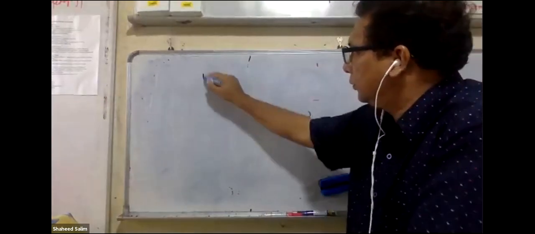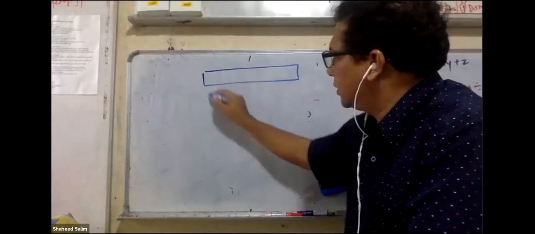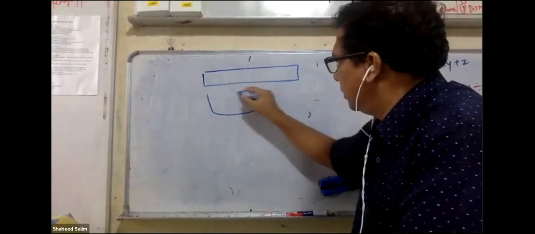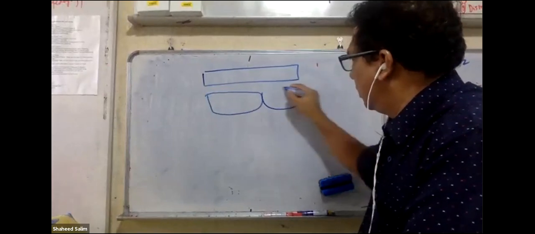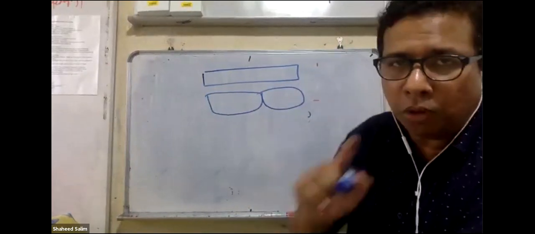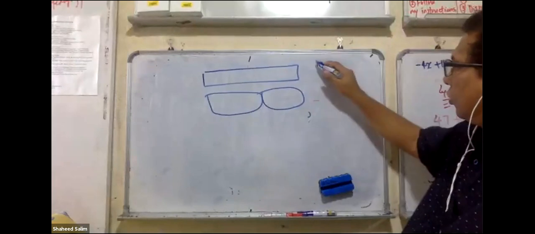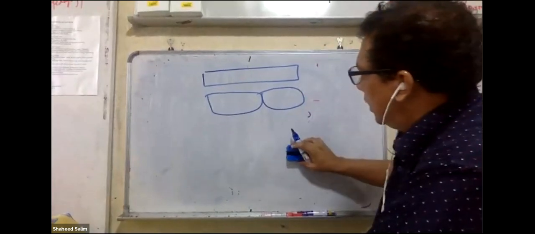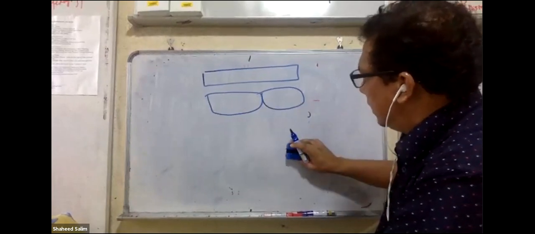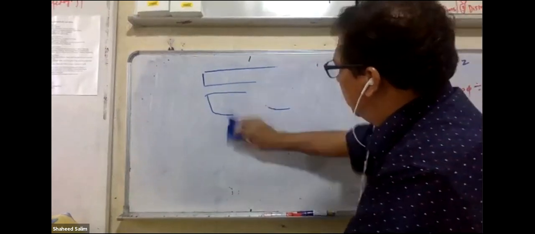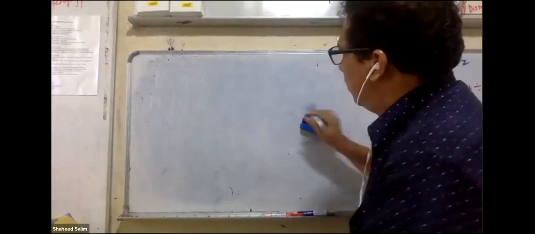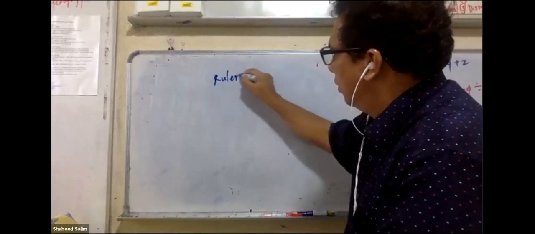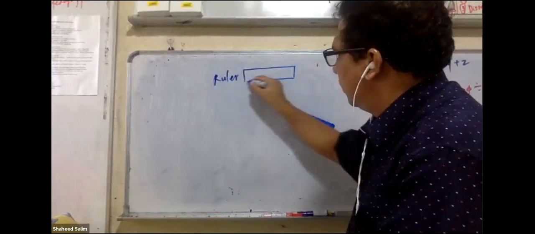One ruler is the same as 2 erasers. Now he bought how many rulers? He bought 2 rulers and 1 eraser. So I'm going to divide into parts. This is the ruler, one part like that.